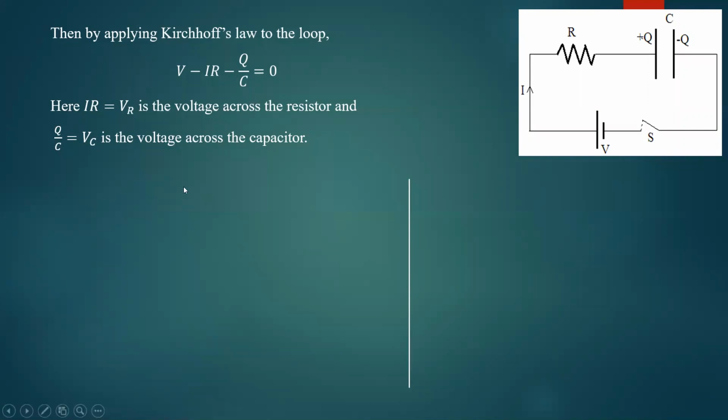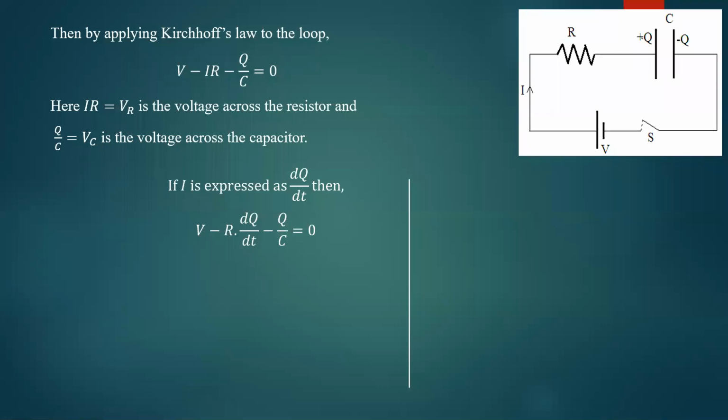For that, I can express the current I as dq by dt, because current is the rate of flow of charges. Substitute for I here. You will get V minus R into dq by dt minus Q by C equal to 0.